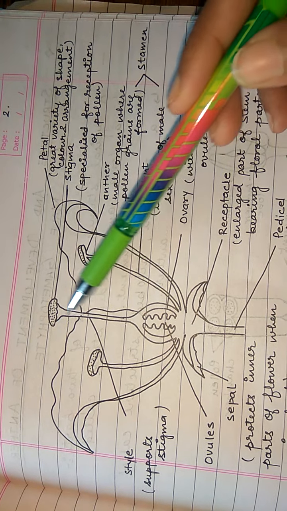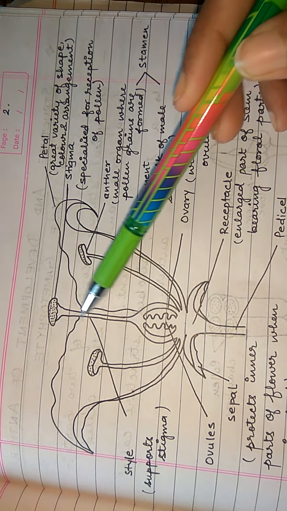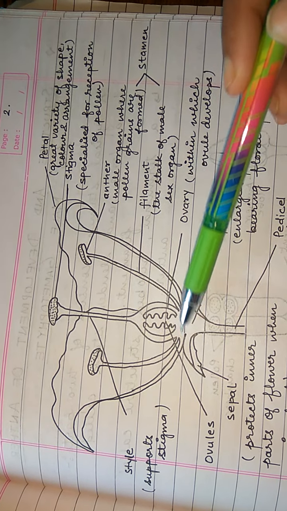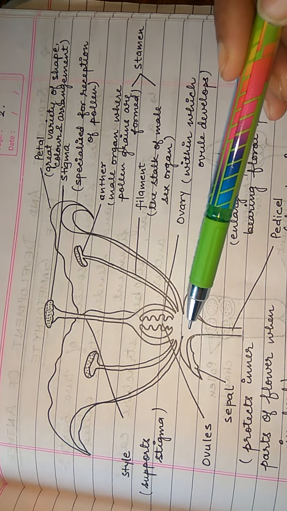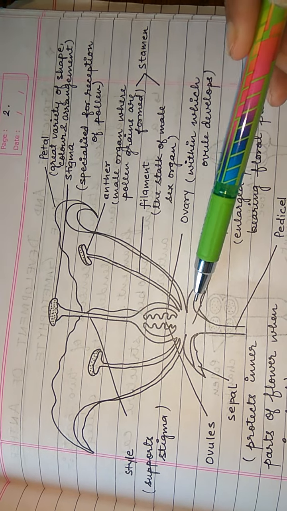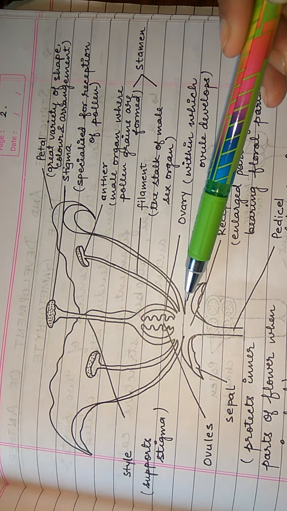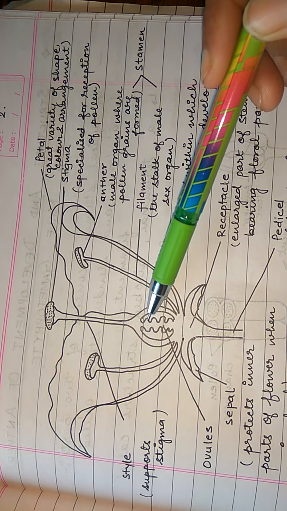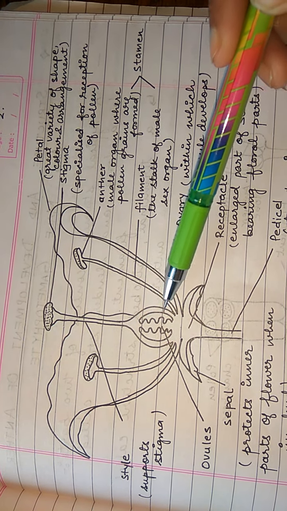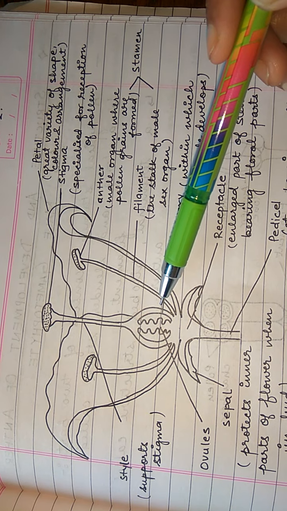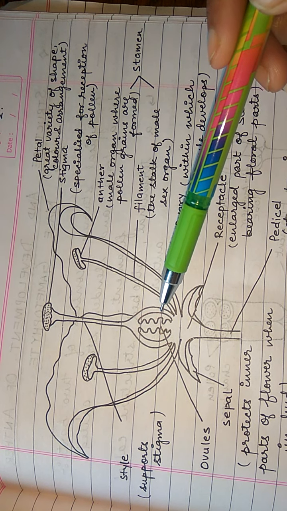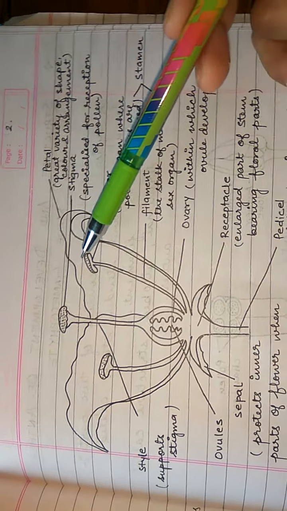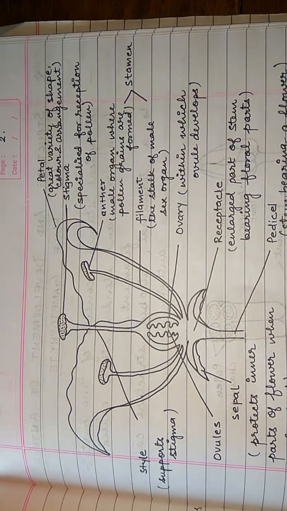The style is the supporting tube-like structure supporting the stigma, and the ovary is where the ovule develops. Calyx and corolla are known as accessory whorls, whereas androecium and gynoecium are known as essential whorls due to their direct involvement in sexual reproduction.